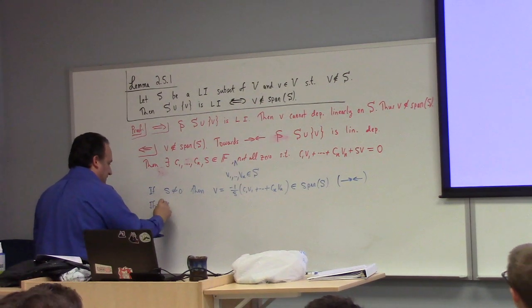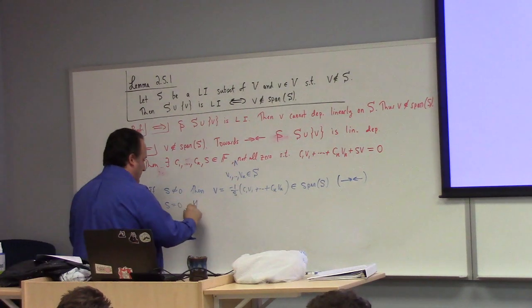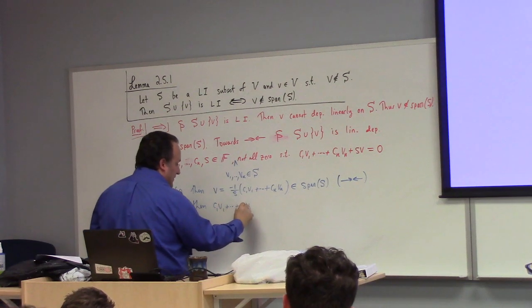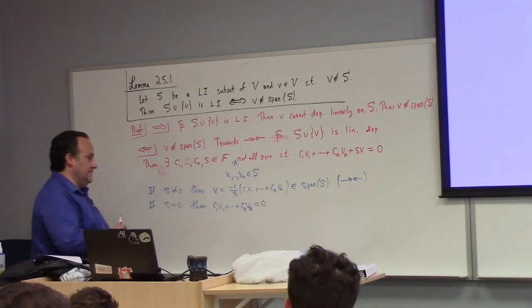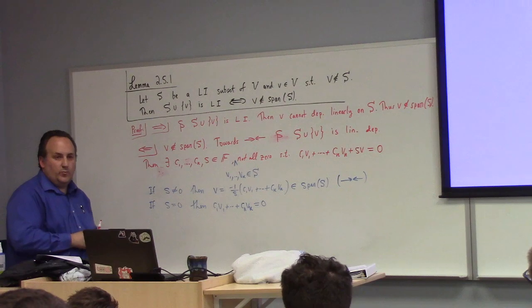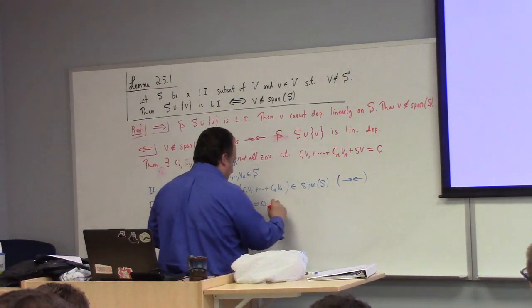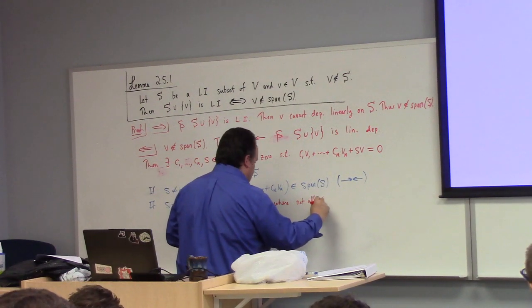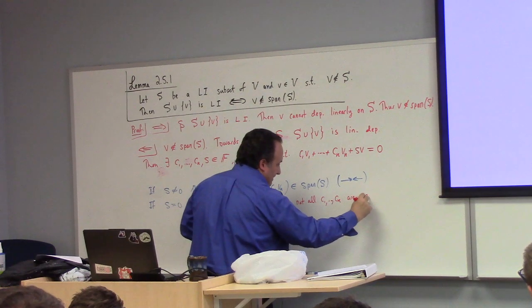If S is equal to 0, then what? C1V1 plus ... plus CKVK is equal to 0, right? What can you tell me about the constants in this context? Not all of C1 through CK are 0. How do I know that?